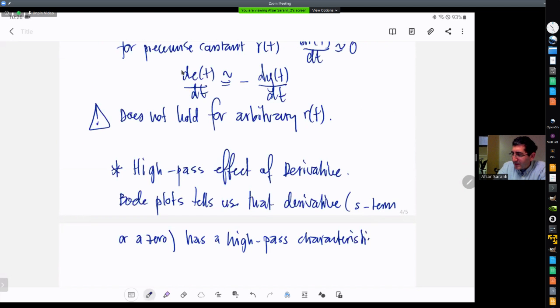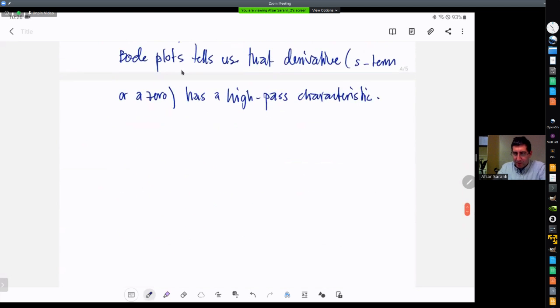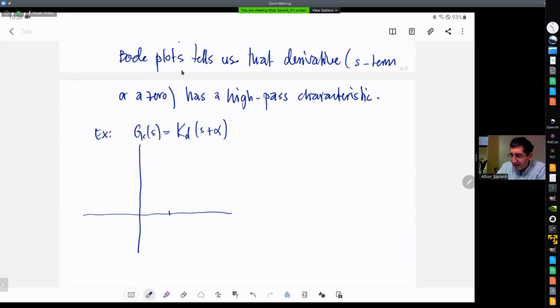What is a high pass characteristic? Let me show you an example. Let's say GC of S is KD times S plus alpha, where you have a derivative operation. If you sketch the Bode plot of this, you will see that there will be a corner frequency at 1 over alpha. So you will have a Bode plot coming like this, the asymptote.